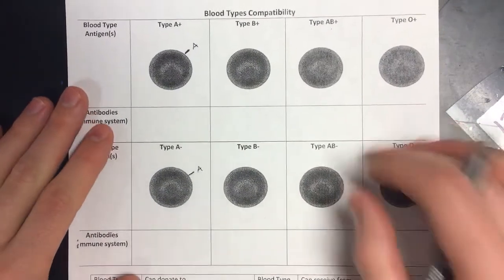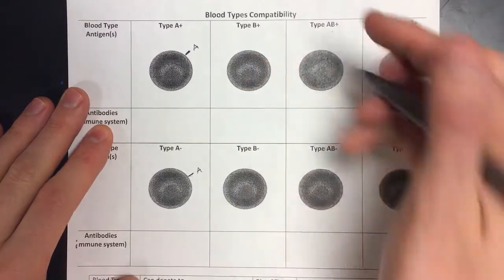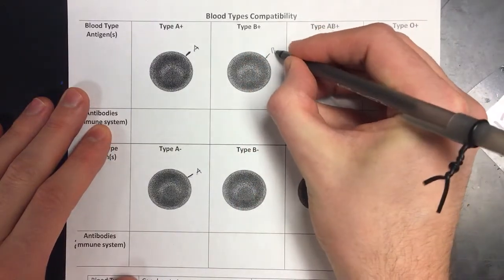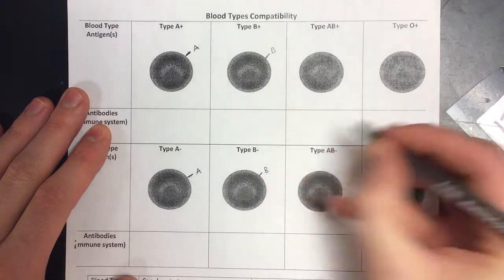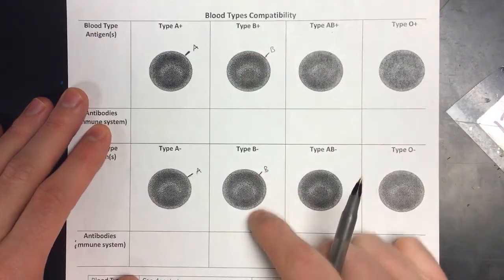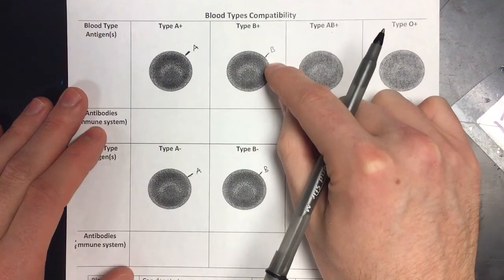So what does it mean to be type B? Right there, it means physically on your red blood cells, you have that B antigen.